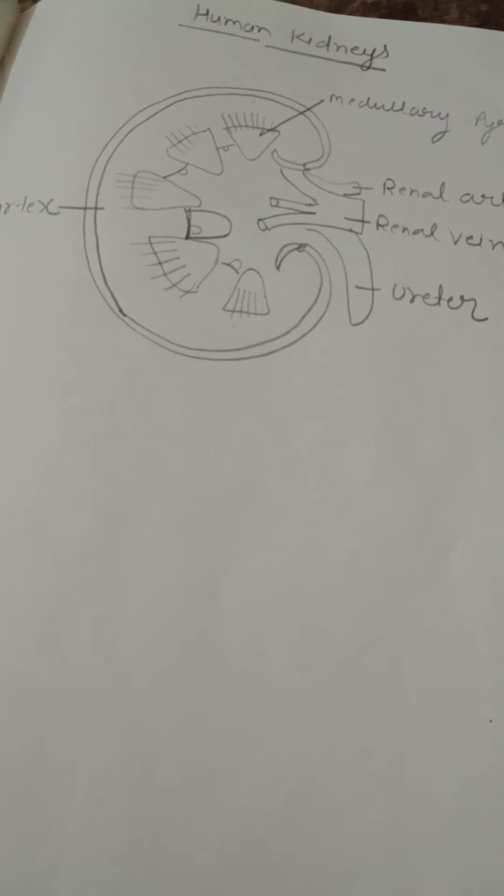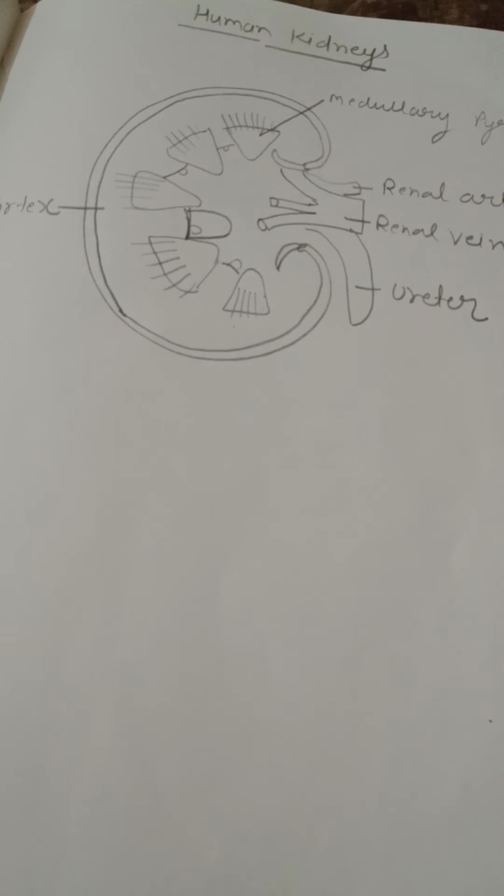In the slide, I hope you all have seen clearly the structure of the kidney. Here we only introduce what the excretory system is and the structure of the human kidney. The kidneys are some of the most important organs, and in this class we will look at the structure of the kidney.